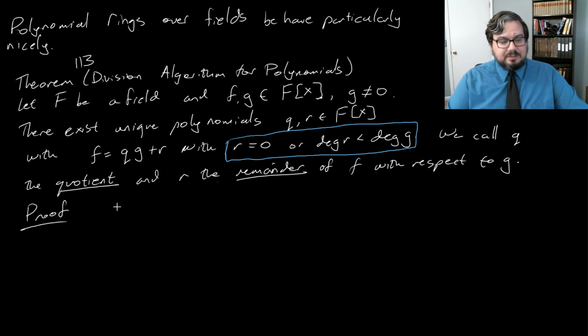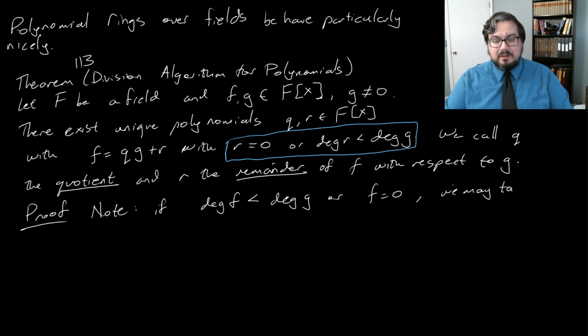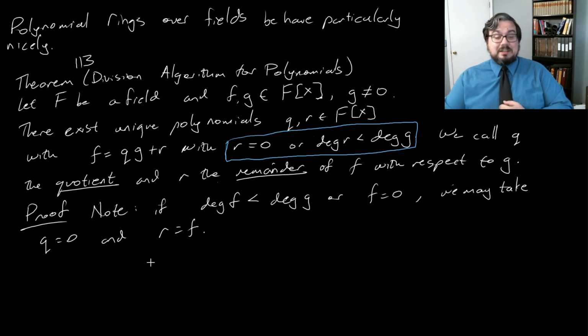Let's see how this proof goes. So first note that if the degree of F is less than the degree of G, or if F itself is equal to 0, then we may take Q to be 0 and R to be just equal to F, which satisfies the existence of such a Q and R. I should have specified that we're going to handle the existence of such a Q and R first, and then prove that if these Q and R do exist, they have to be unique.